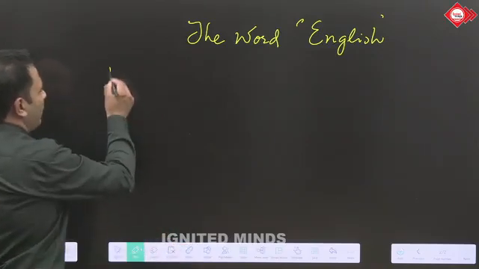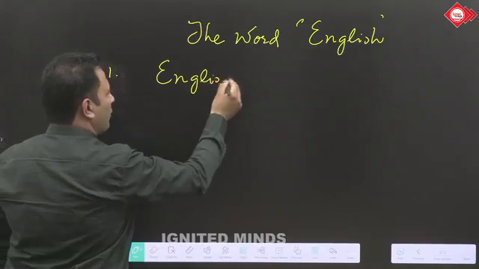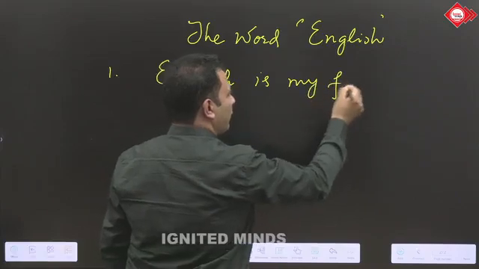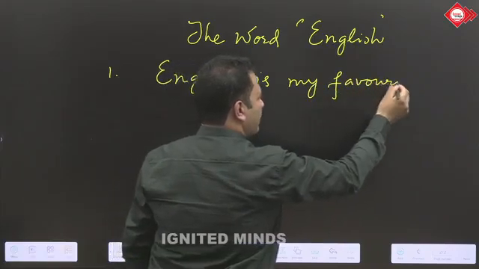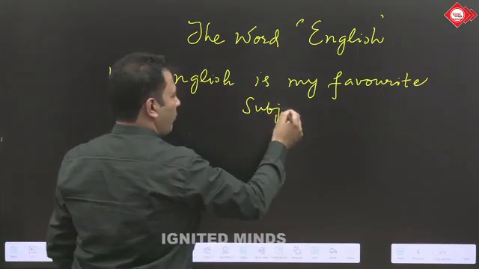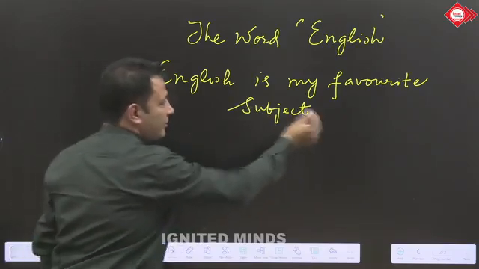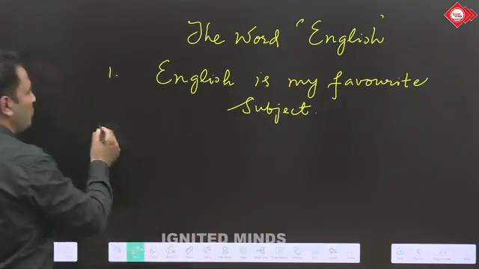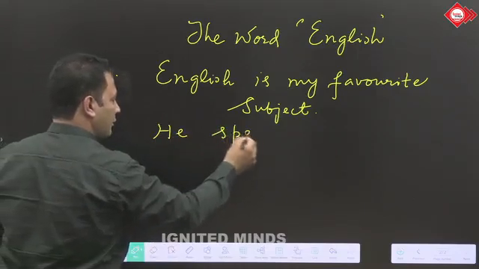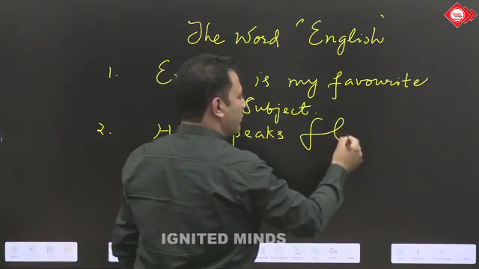Dimension number one, if I say, you can write it down also: English is my favorite subject. This is sentence one. Sentence two: he speaks fluent English.